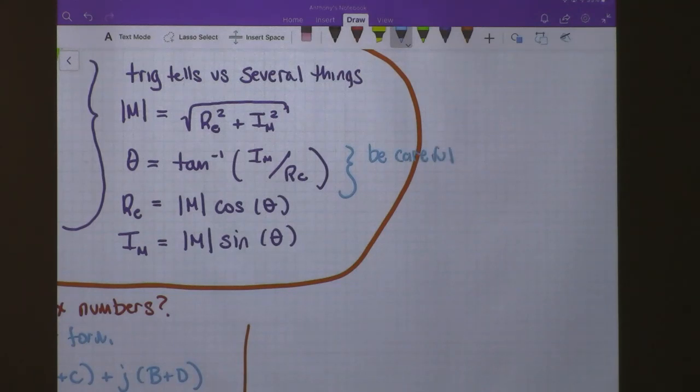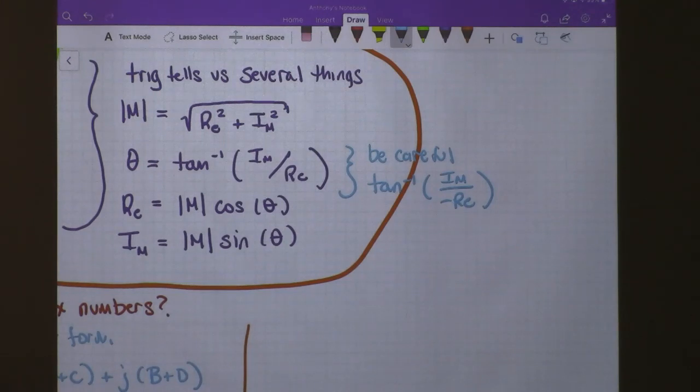Be careful when you have inverse tangent of imaginary over negative real. The inverse tangent function can't tell when you're doing inverse tangent of -3 over +1 versus inverse tangent of +1 over -3.